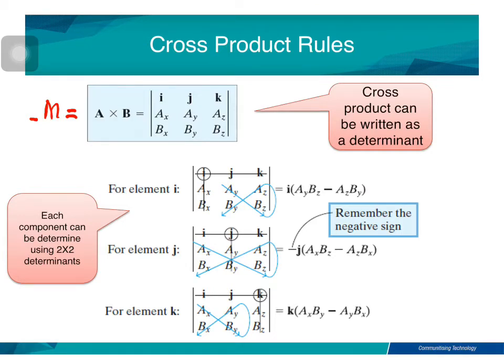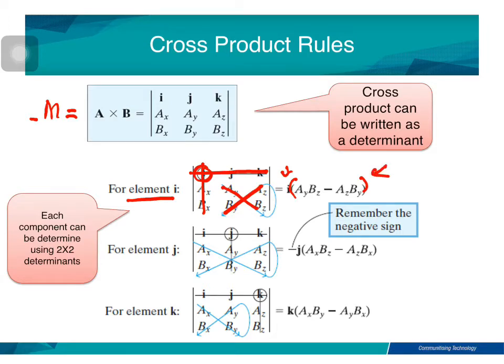Let's say we want to get the element I. For the element I, we write I here and then in brackets we have AY cross BZ minus AZ cross BY. Okay, that is why we write it here.